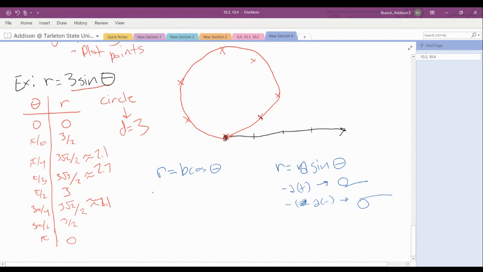If we have a positive b, it will look something like this. And if we have a negative b, we get something like this. So that'd be a good one for you to go ahead and memorize.